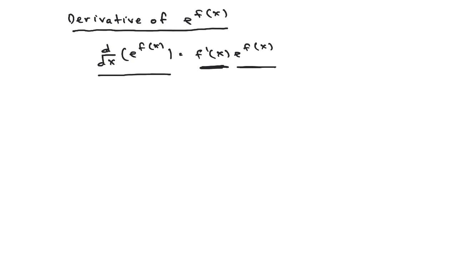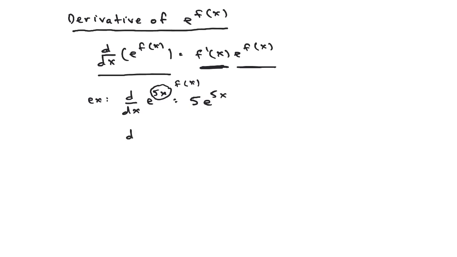So for example, let's say we were looking for d/dx of e to the 5x. Then I would look at 5x as being my f of x. And we know that the derivative of 5x is just going to be 5, so that's f prime of x, and that's times the original function e to the 5x.